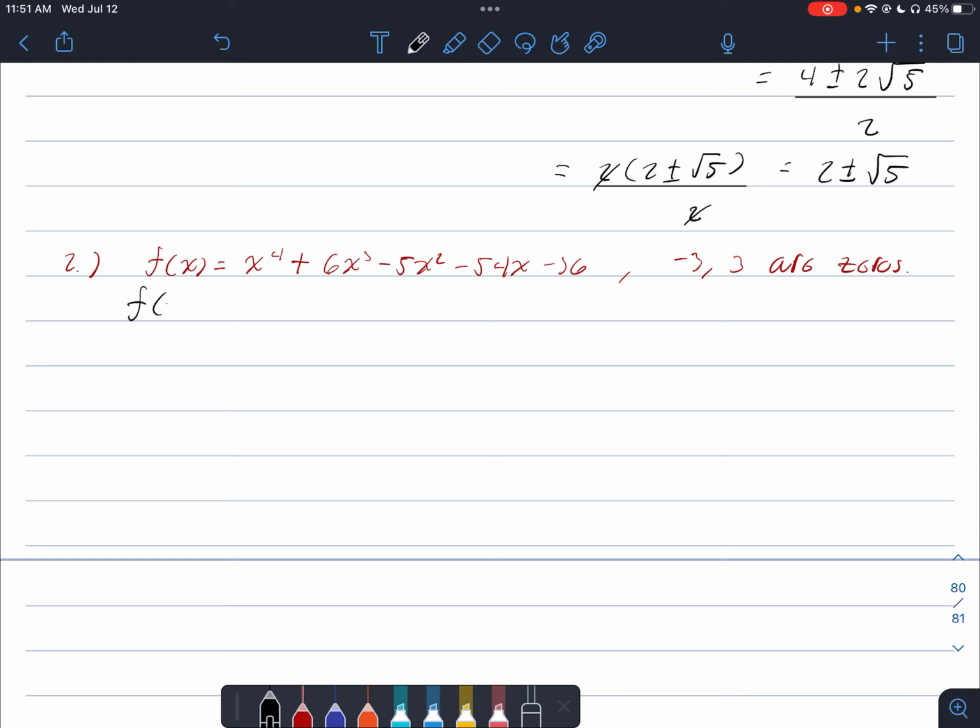So we have f of x can be written as x plus 3 times x minus 3 times some polynomial q of x that we don't currently know yet. Now, we can go ahead and divide both sides by x plus 3 times x minus 3.